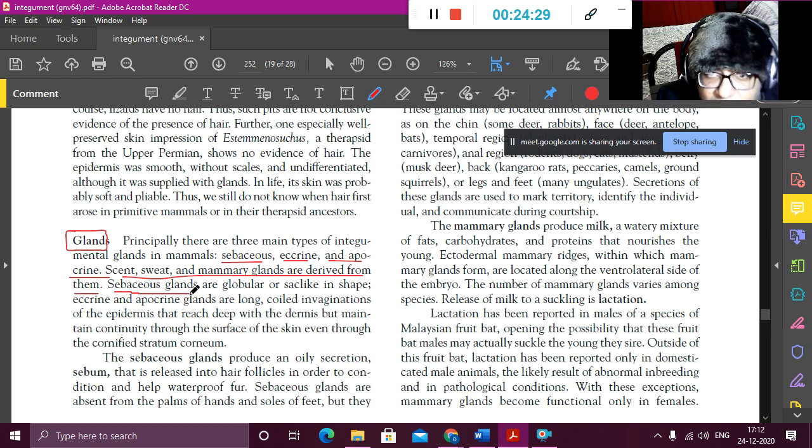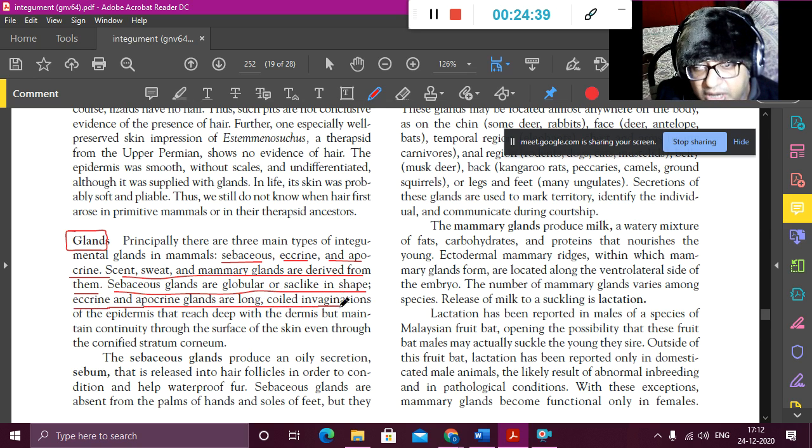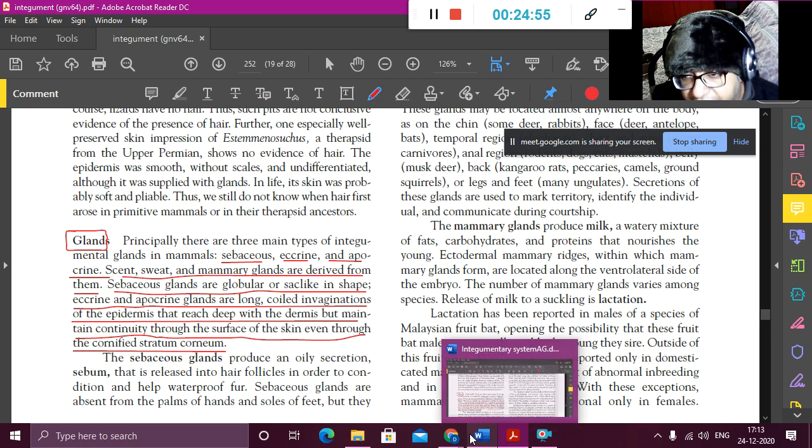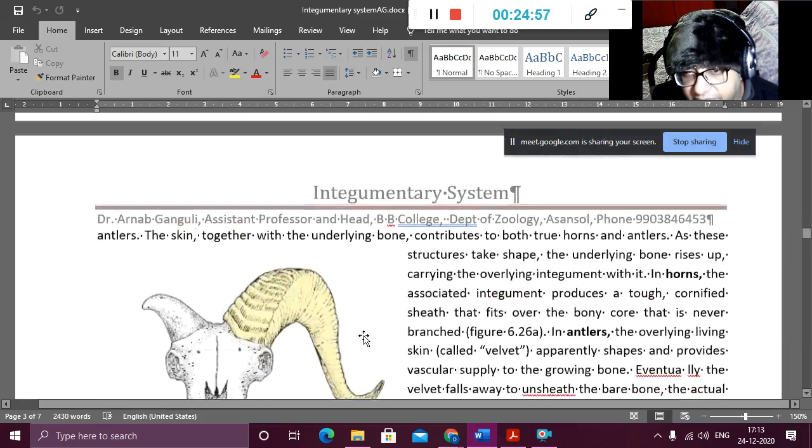Sebaceous glands are globular. We had seen the sebaceous glands at the base of the hair are globular or sac-like in shape. Eccrine and apocrine glands are long coiled invaginations of the epidermis that reach deep into the dermis but maintain continuity with the surface of the skin, even through the cornified stratum corneum. So have a look at the picture which has been taken from the internet.